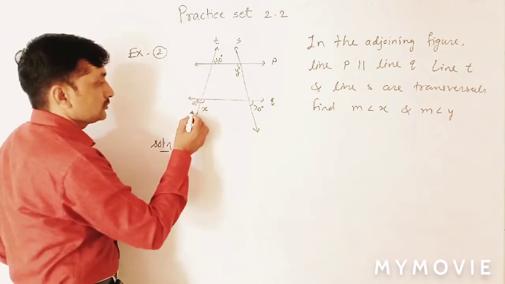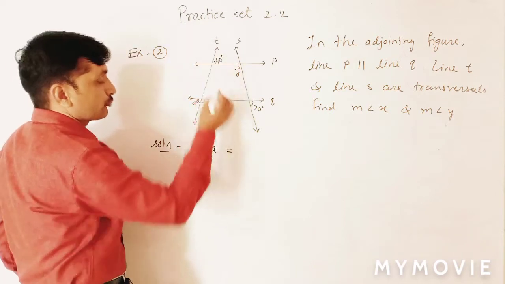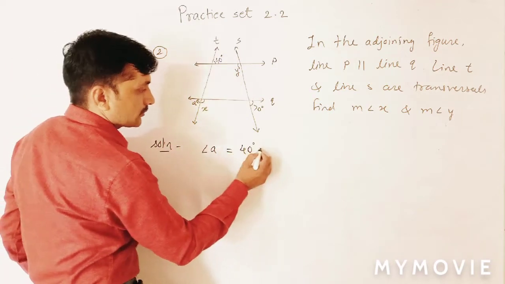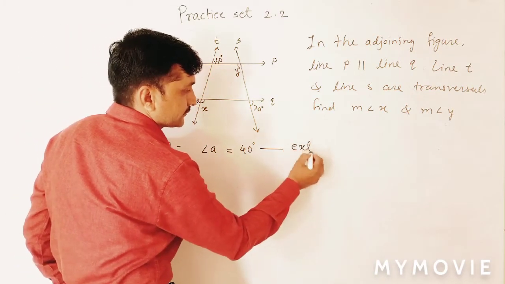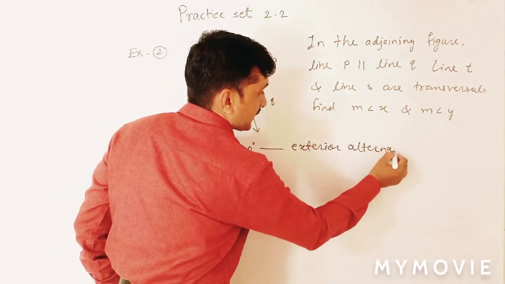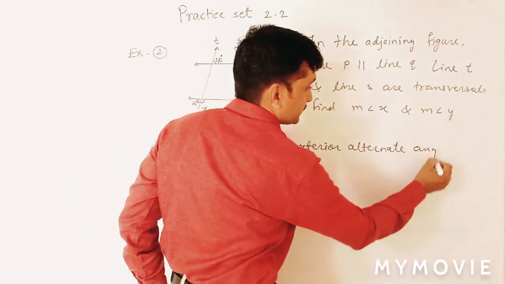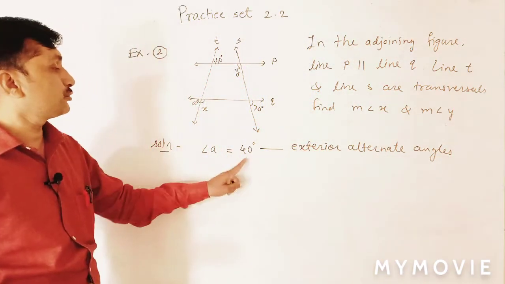Let's start the solution. Angle A is equal to 40 degrees. Which type of angles are these? These are exterior alternate angles. We have to write that here. These are exterior alternate, that's why angle A is equal to 40.